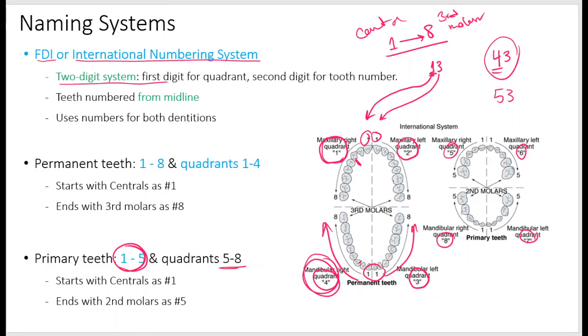And for the quadrants, it's 5 through 8. So again, if I put 8, 1, you know that's the baby teeth, deciduous, and 1 is the tooth, which is the central incisor. So you have to notice the number before, because this would give you, is it a permanent 1 through 4, or is it primary 5 through 8.